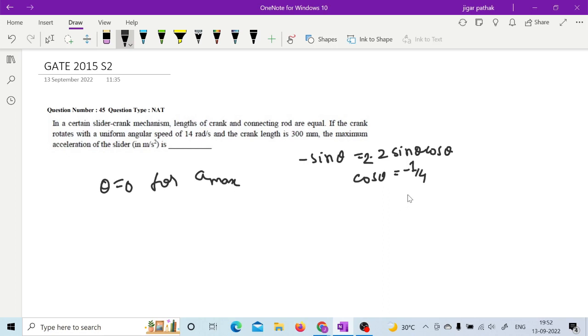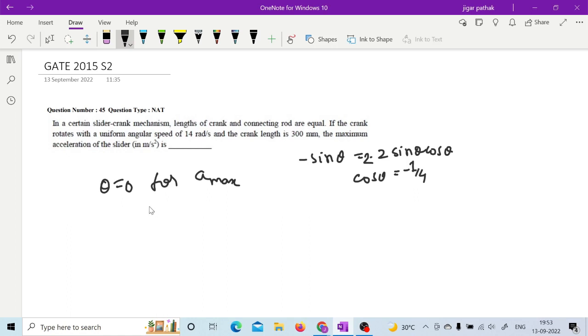That's true, but in the case of this engine analysis, when theta is equal to 0, at that point we are having the maximum acceleration. So that is why I have considered theta equal to 0 for maximum acceleration.